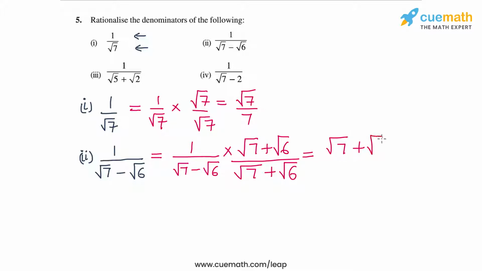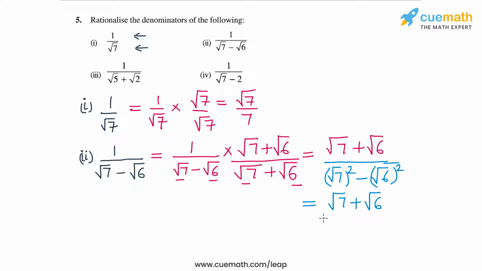What will we get in the denominator? Well, in the denominator we'll get root 7 minus root 6 times root 7 plus root 6. So that's root 7 square minus root 6 square. So root 7 square is 7 and root 6 square is 6. 7 minus 6 is 1. So the final outcome of this is root 7 plus root 6. So this is what we get by rationalizing the denominator of the second expression.